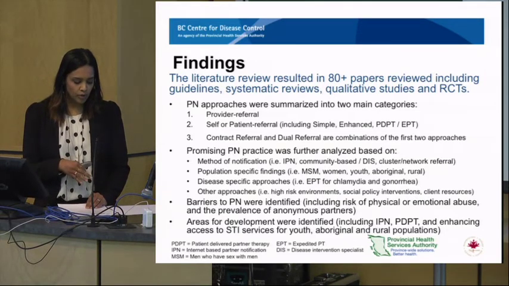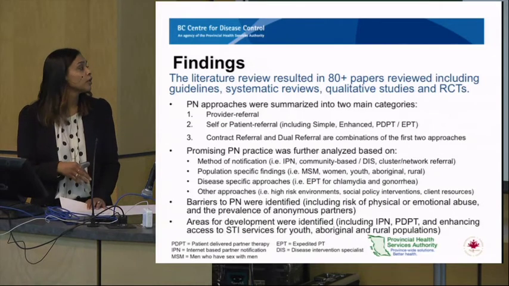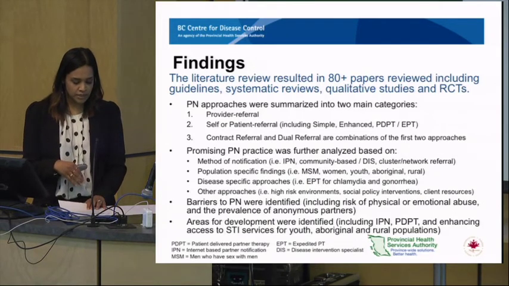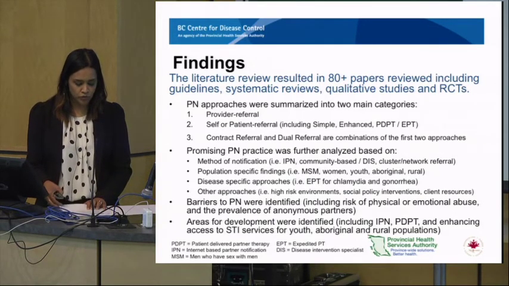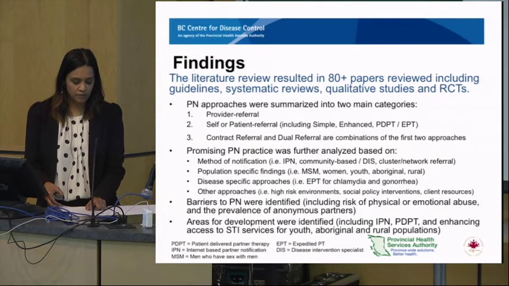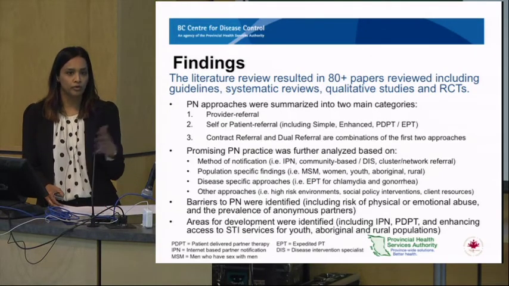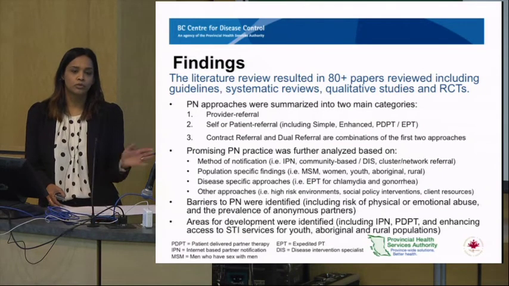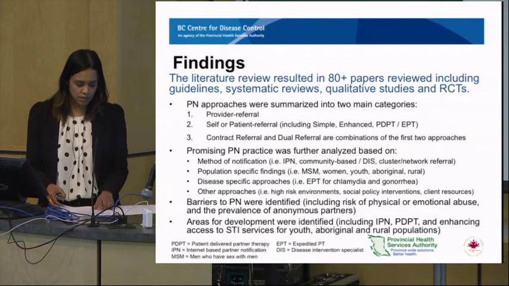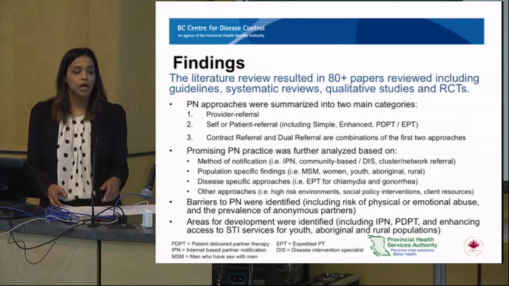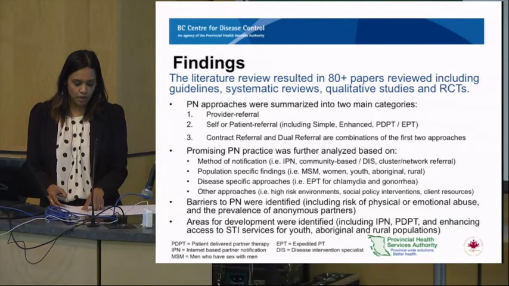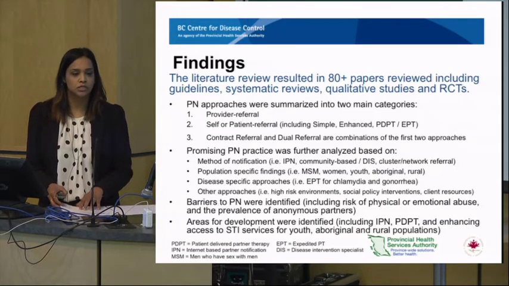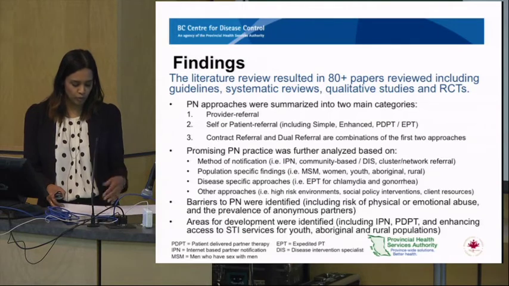The promising partner notification practices were further analyzed based on the method of notification used, population-specific findings, what worked better in different populations, and disease-specific approaches, so certain aspects of notification worked better for certain diseases. There were also other approaches that worked, for example, in high-risk environments or using social policy interventions to make the notification more appropriate.